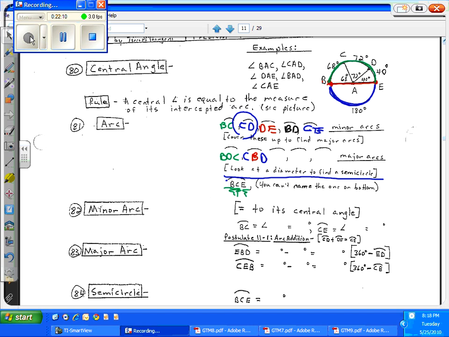So a minor arc is less than 180 degrees. We've already named a bunch of minor arcs. Less than a semicircle, less than halfway around, less than 180 degrees. A major arc is more than 180 degrees.